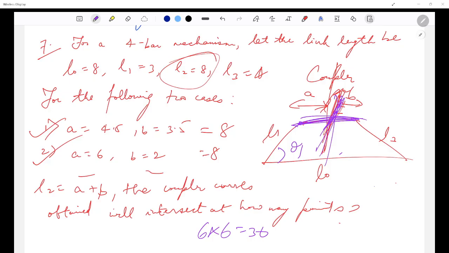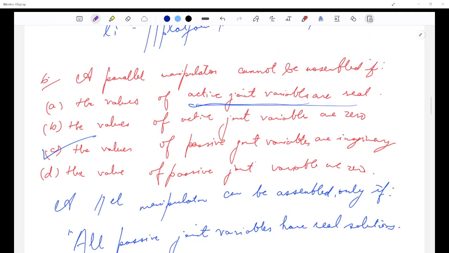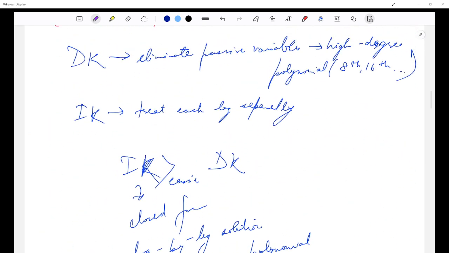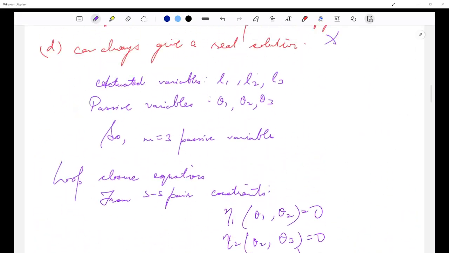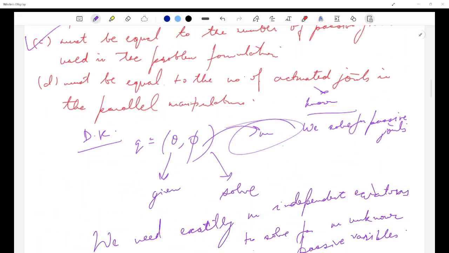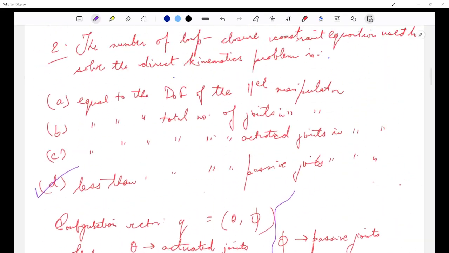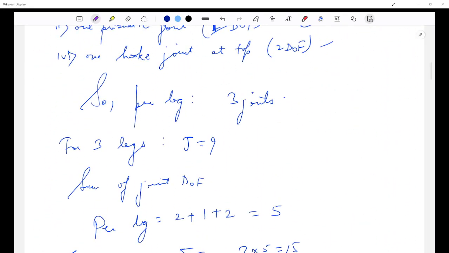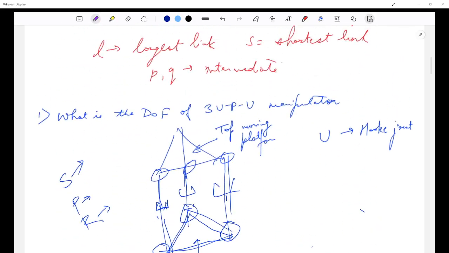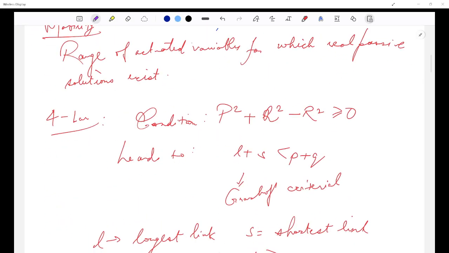And the Grashof mechanism applies when the short length plus long length is less than or equal to the intermediate lengths P plus Q. I think I have explained that somewhere. Just hold on. So in that case, where the Grashof mechanism applies, coupler curves intersect at 36 points.